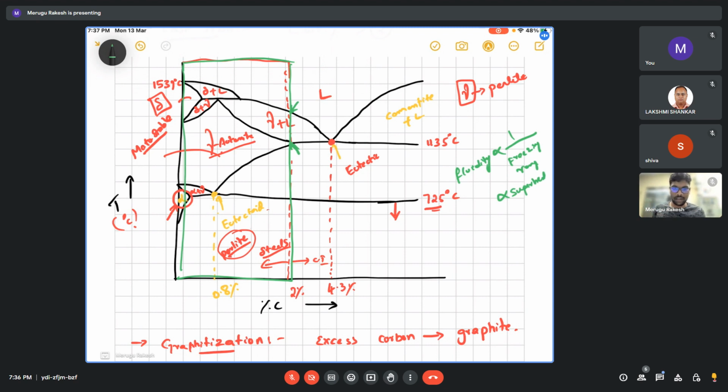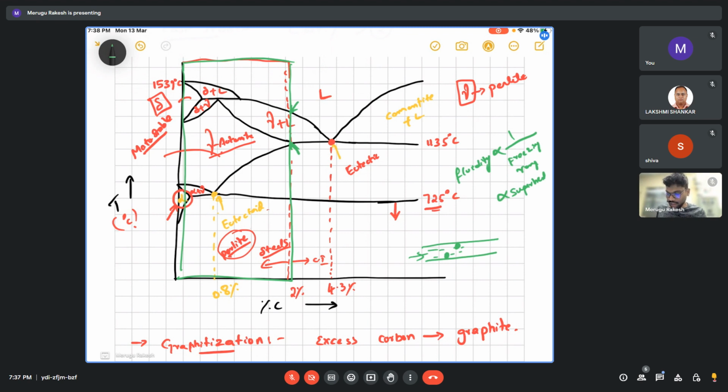It can flow easily, and it is inversely proportional to the freezing range. If you have a large freezing range, what happens is, suppose you have a path like this and the liquid is flowing. Anywhere, this solid can form and it will block the passage of the liquid. So the fluidity will not be good enough in this case.